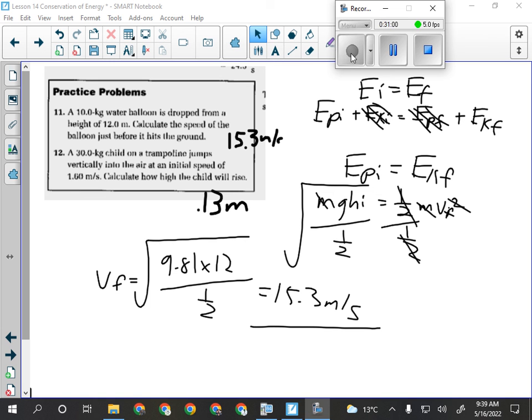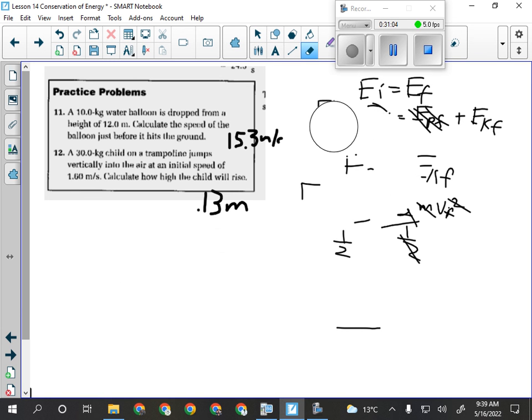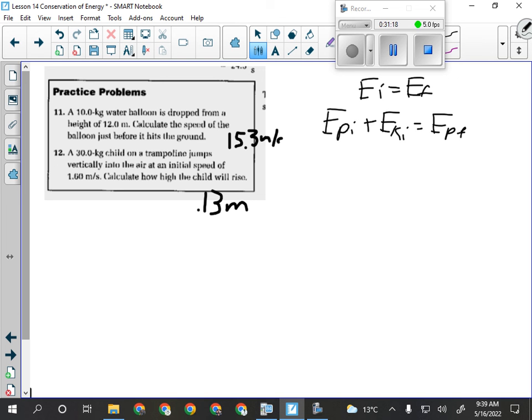All right, so on number 12, we're still going to start out with this whole EI equals EF thing. The energies are going to be equal. Initial potential plus initial kinetic equals final potential plus final kinetic. In this situation, it's reversed.